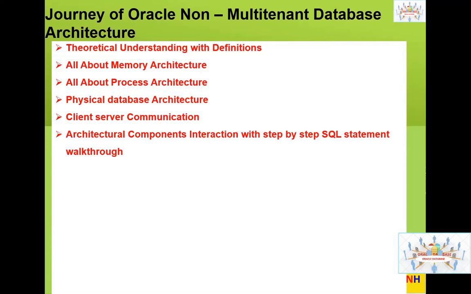You have the database buffer cache, redo buffer cache, and a lot of other components within the SGA. So definitions are given by this time. When you start this topic, you are all aware of the definitions. Now the purpose is to use those definitions to get an idea of how those things interact with each other.